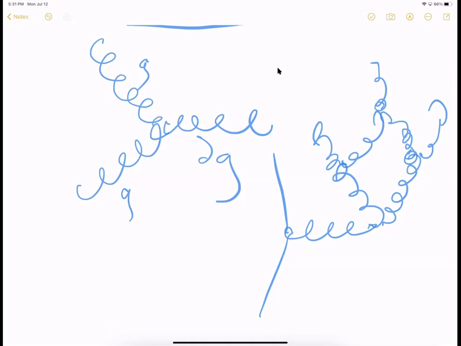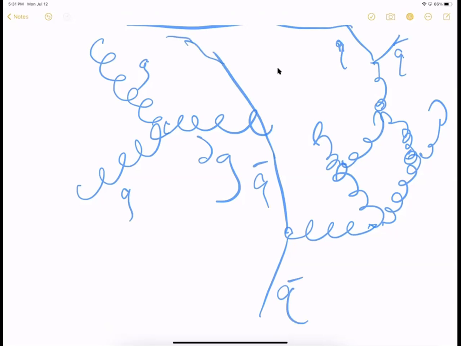What happens is that eventually one of these gluons will produce a quark anti-quark pair. And let's see, suppose we had an anti-quark going along that did this, that quark and that anti-quark are going to form a meson of some sort. And this quark is going to go off and join some other quark eventually.